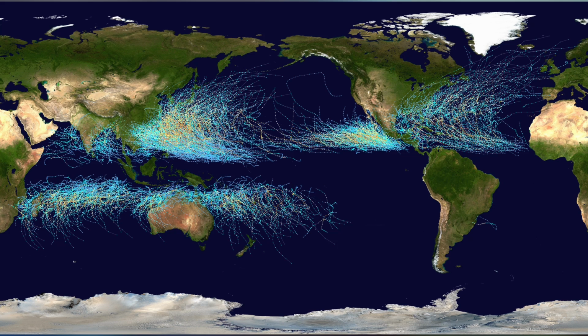Remember, winds are always named after the direction that they're blowing from. So around 30 degrees away from the equator, the trade winds are replaced by the westerlies, which blow in the opposite direction. And therefore, you see this curve pattern where in either hemisphere, the cyclones first move towards the west, and then once they reach a high enough latitude, either north or south of the equator, they curve back and move in the opposite direction.